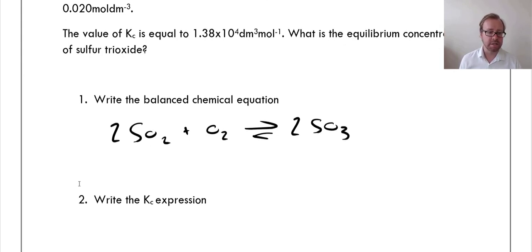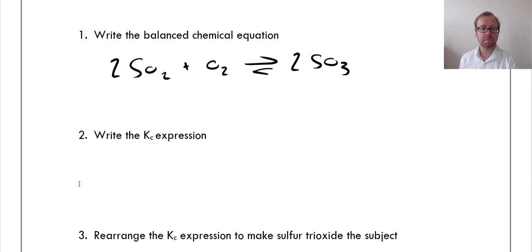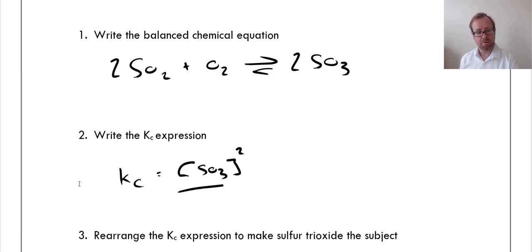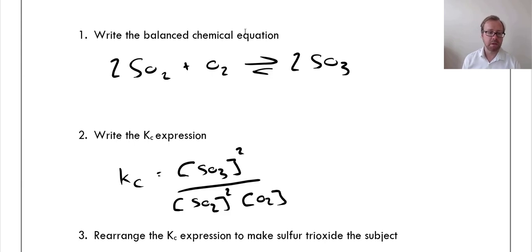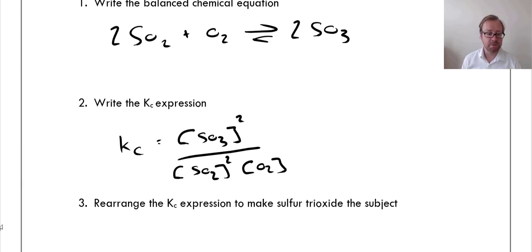Now I can write the Kc expression. Remember, it's the concentration of my products over the concentration of my reactants raised to the power of the molar ratio. So I now have my Kc expression.